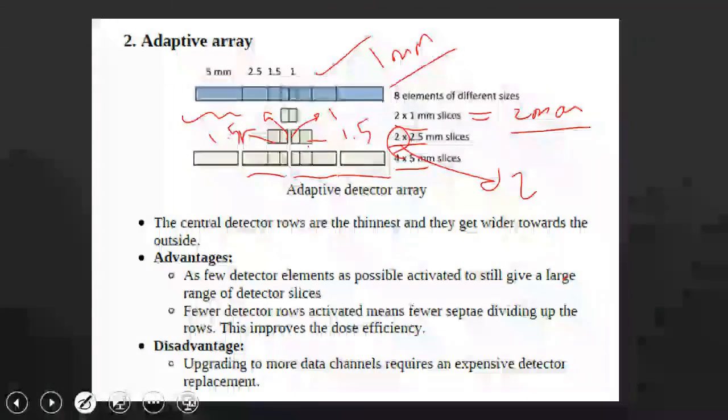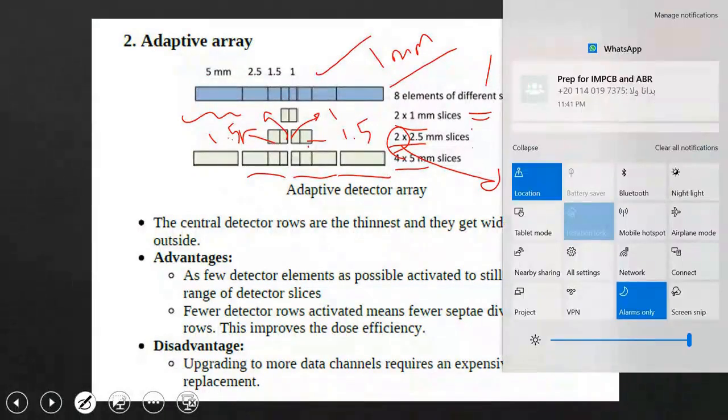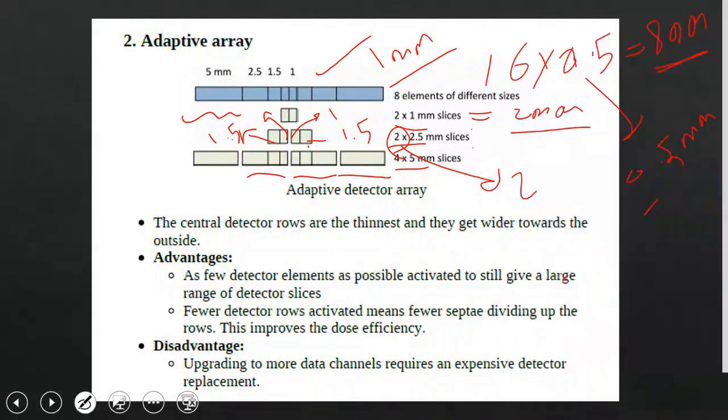As for the detector size you are working with, if you are doing collimation, say for example 16.5, that means your coverage area is 8 millimeters. Does that mean your measurement is 8 millimeters? With a thickness of 0.5 millimeters, you can perform reconstruction, which I call post-processing.